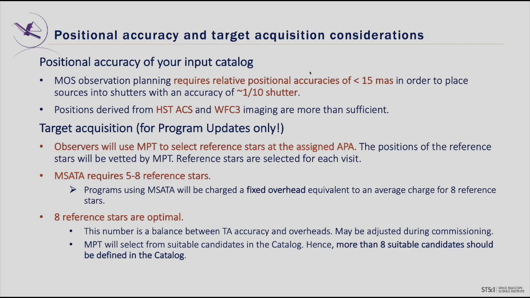Larger relative accuracies are possible. You can do MOS observations of those as well, but that is not advised if you want to have good knowledge of the centering of your sources within the shutters. If you don't need that level of accuracy, it's possible to do MOS observations with less relative accuracy as well.